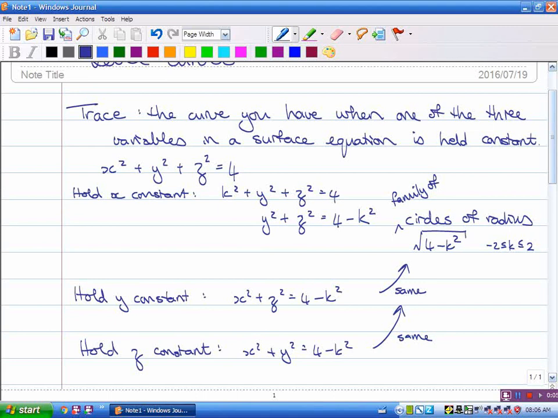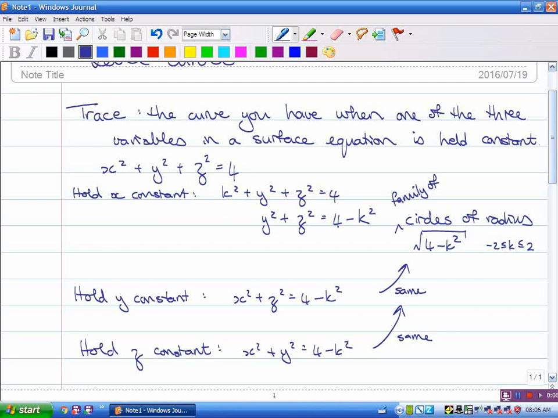So he would ask for the trace of the sphere in the YZ plane. In the YZ plane, x is 0, so he would be asking for holding x constant at 0, and then you wouldn't put a k in, you would actually put in a 0. So sometimes you're asked for a specific trace. More generally, you're asked for a general trace, in which case it's a family of curves.